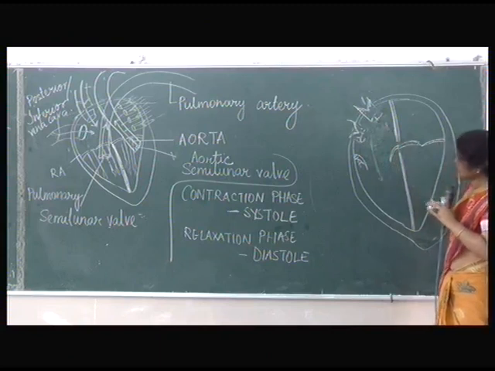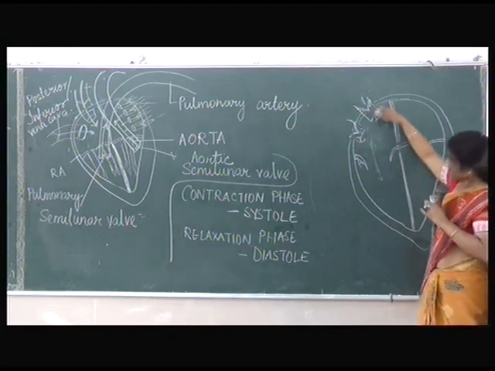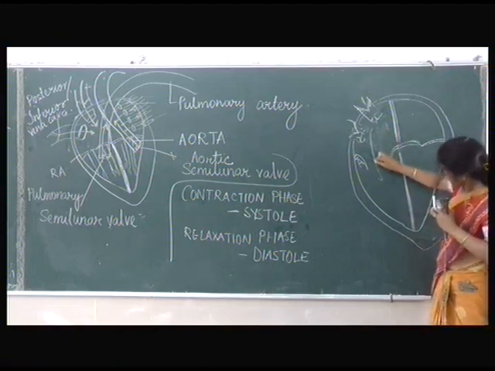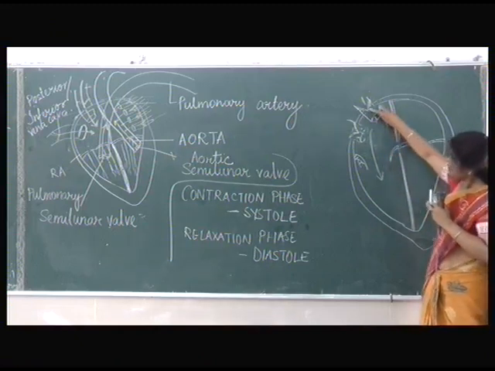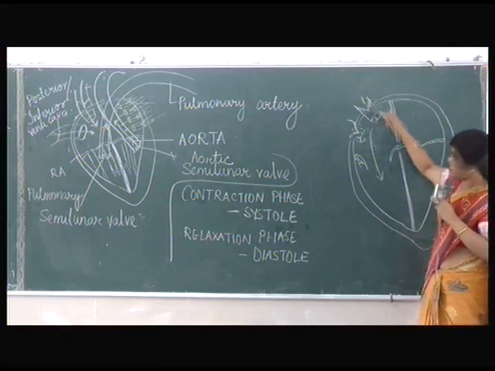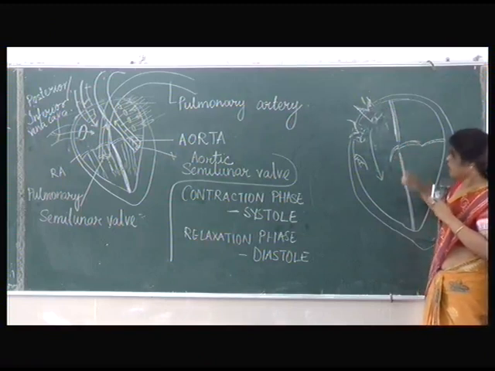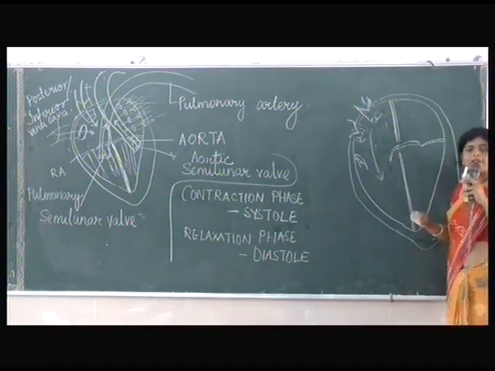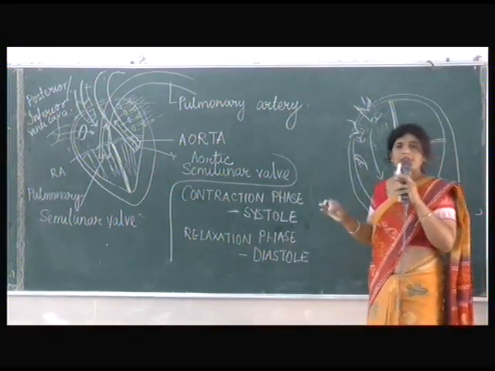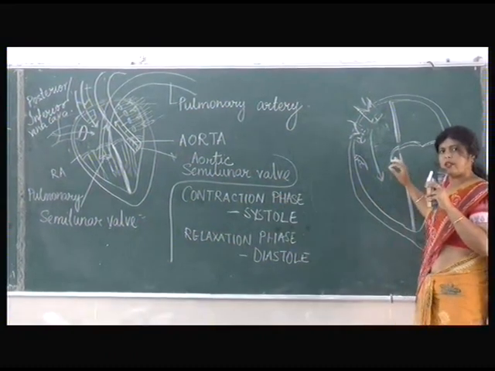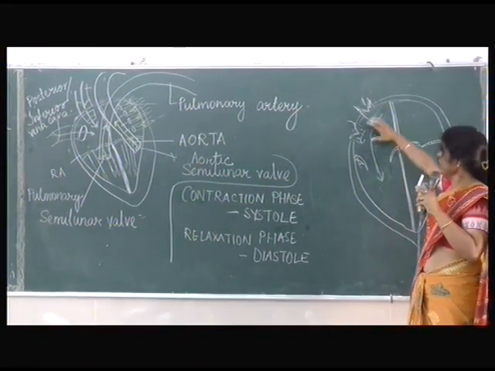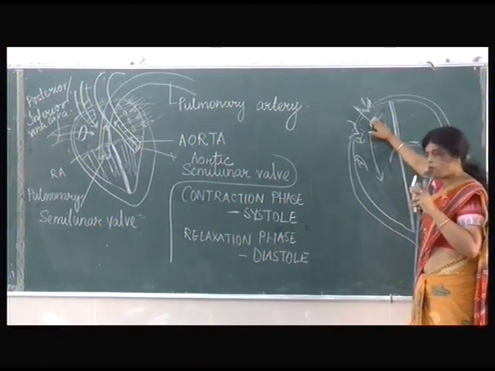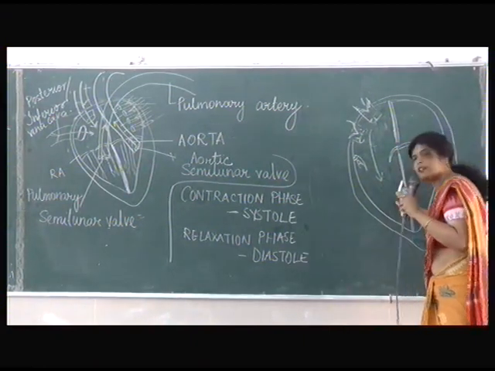Now what are you seeing in this particular phase? In this particular phase, you can see that these valves are closed, but this is open, due to the pressure of the blood flowing in. Now tell me the phase of the heart. I'm just talking about right auricle and right ventricle. What is the phase? The auricles are contracting, that means auricular systole, and the blood is getting into the ventricle.